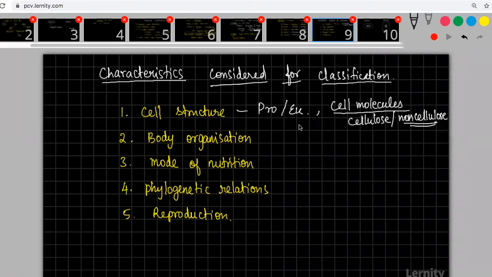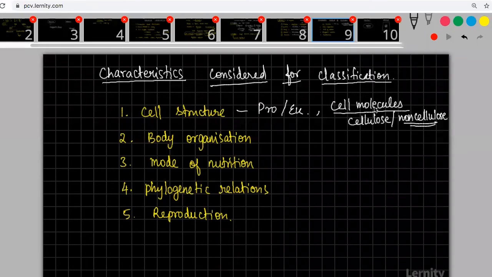Whenever I'm talking about cell structure, I'm talking about 2-3 factors. What are the 2-3 factors? One is whether it is having a prokaryotic cell organization or a eukaryotic cell organization. And the second thing is what kind of molecules are making that particular cell. So they were classifying it based on these things.